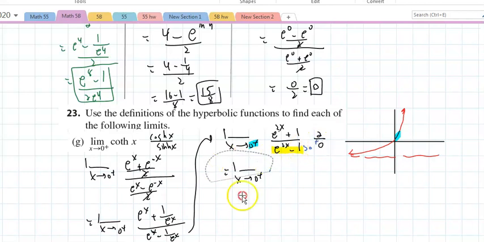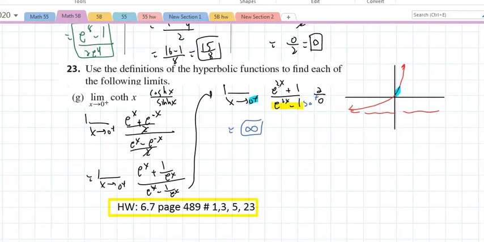If this is positive, then that limit will simply be infinity. There are a couple more ways you could get that answer, but until we get to 6.8 and finish it, there it is. And there's your homework on this section, a very short section.